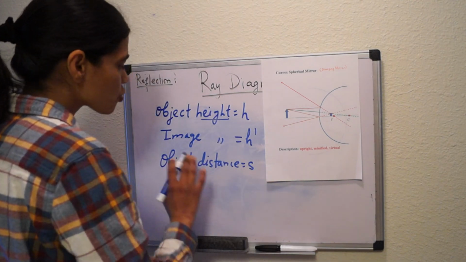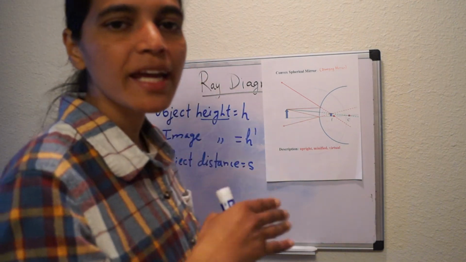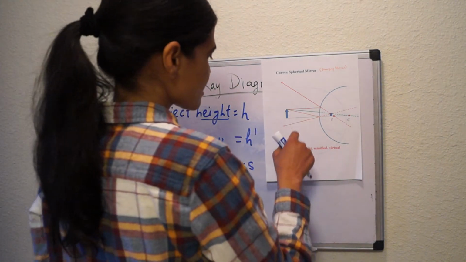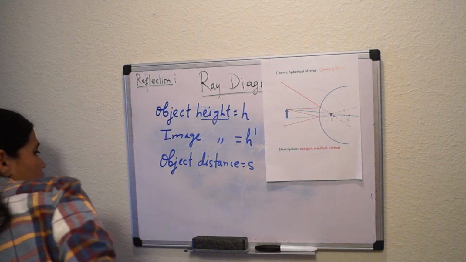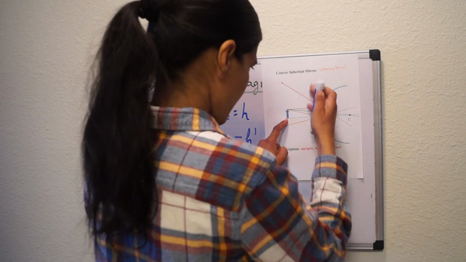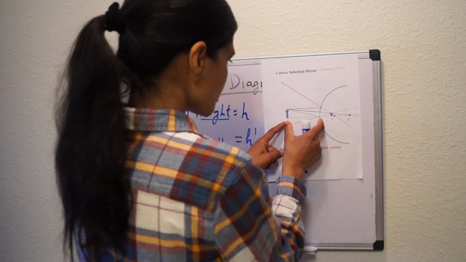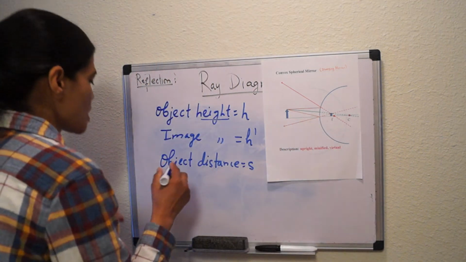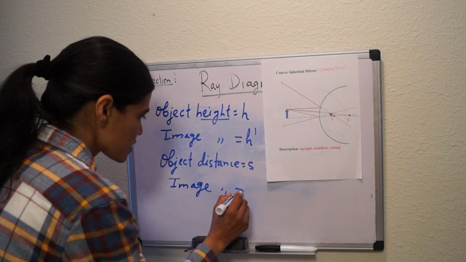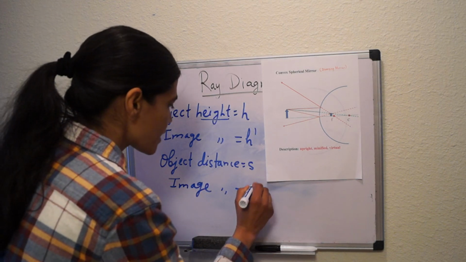So we draw these distances from the plane of the mirror. Let's call the object distance S. In this case, the distance would be from this object all the way to this point here, because that's where we would draw a tangent. So that distance is our object distance. Let's also find the image distance, represented by S dash.